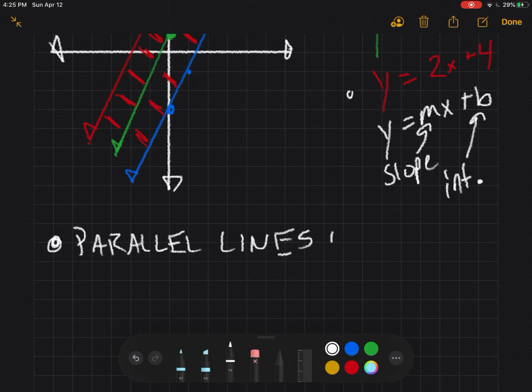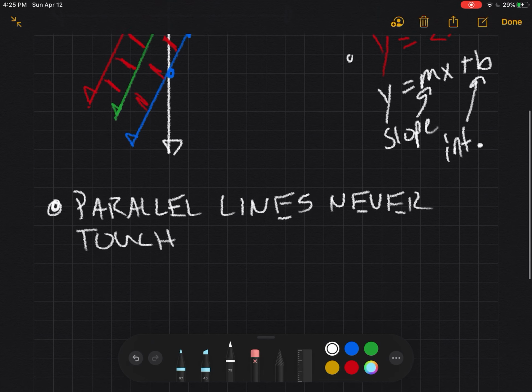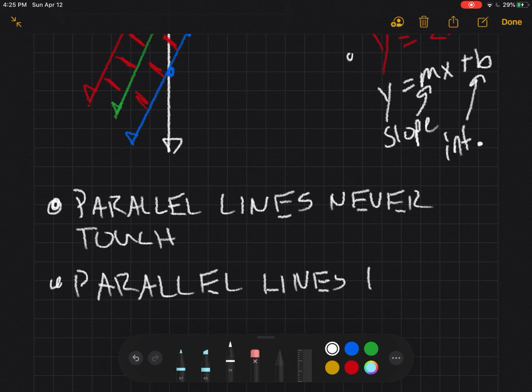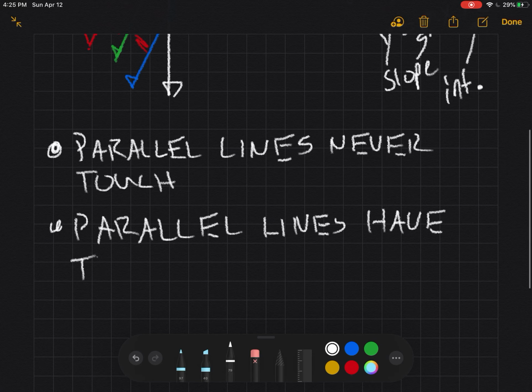So they're never actually going to be able to touch. So parallel lines never touch. And parallel lines have the same slope.